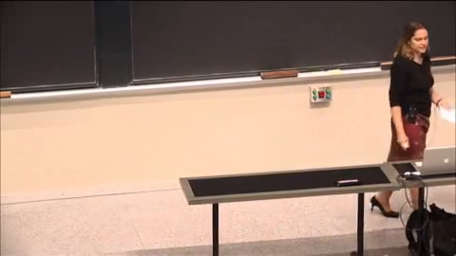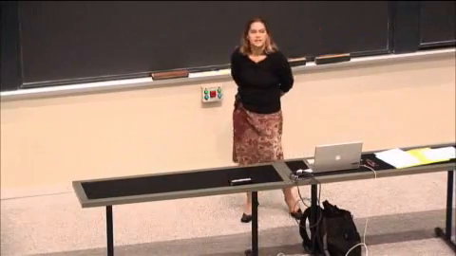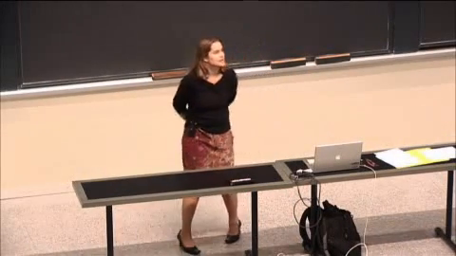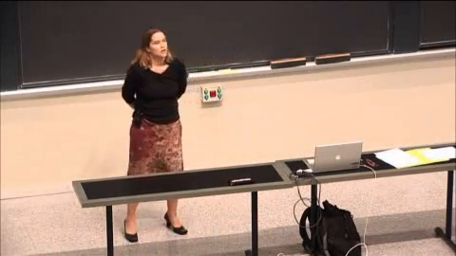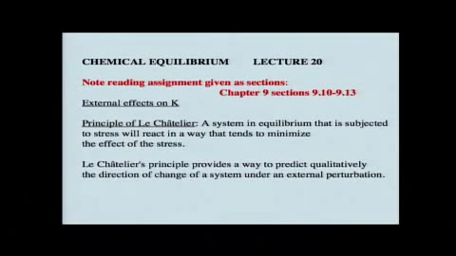All right, so we're going to continue to consider external effects on K in today's class. I also wanted to mention that on each of the handouts for the lectures, I have the corresponding reading material listed, and I've listed it as section numbers in the chapters rather than page numbers.